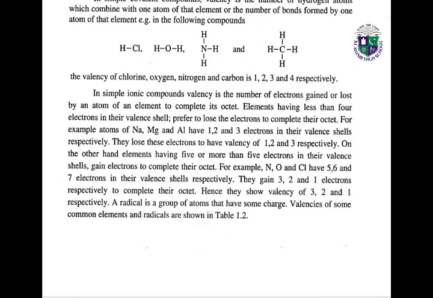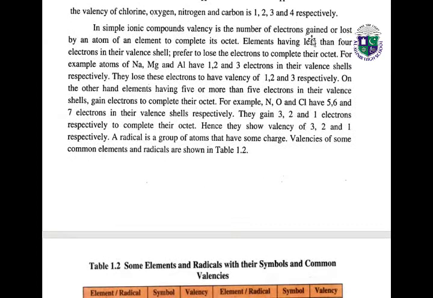In simple ionic compounds, valency is the number of electrons gained or lost by an element. So whenever elements bond with each other, they come closer and gain or lose electrons from their outermost shell to complete their octet. Elements having less than 4 electrons in their valence shell prefer to lose electrons to complete their octet.